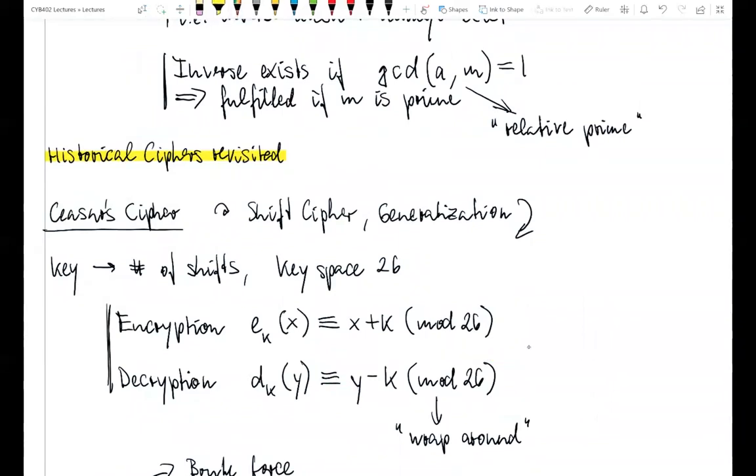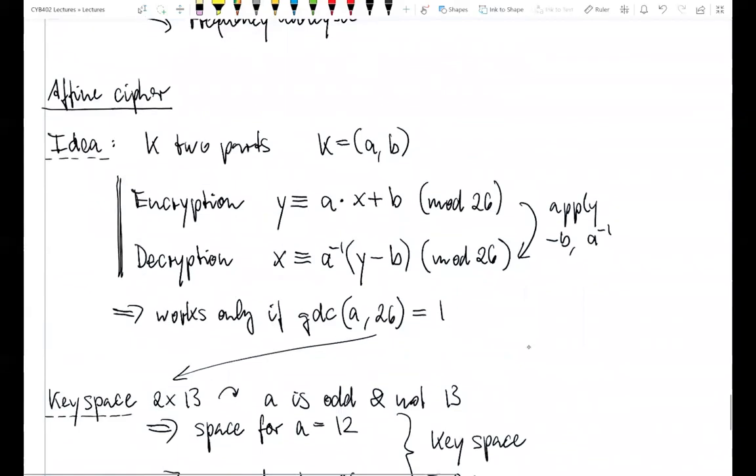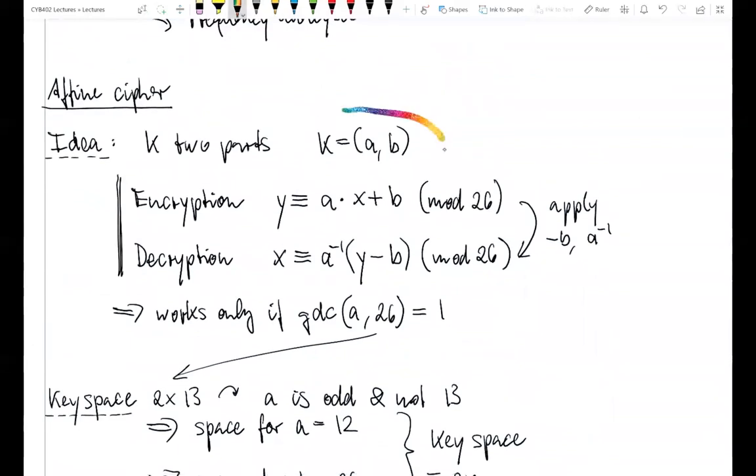So the idea here is that we come up with a key that has two parts, a part A and a part B. Instead of doing a shift right away as we did before, we multiply, and this multiplication is the kind of multiplication that we saw in the integer ring.